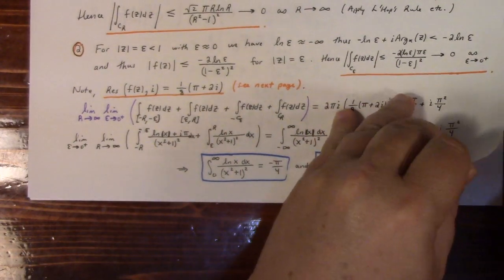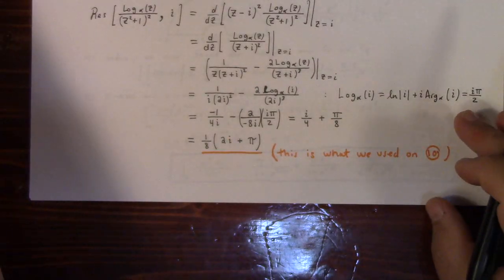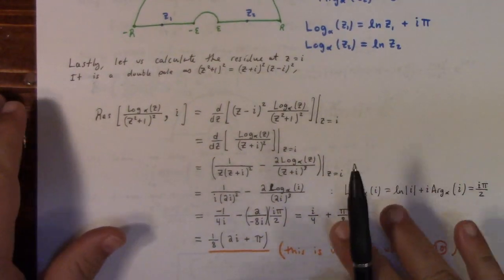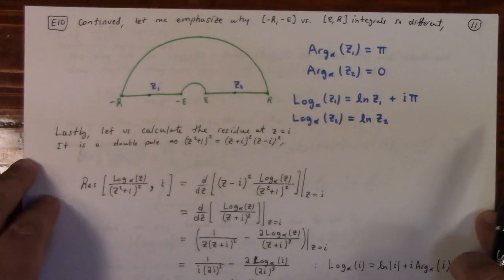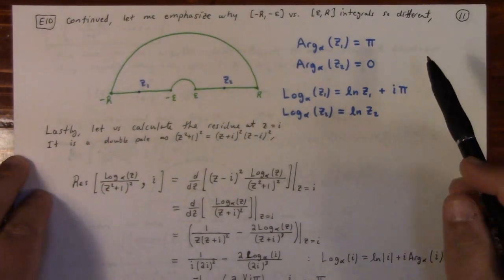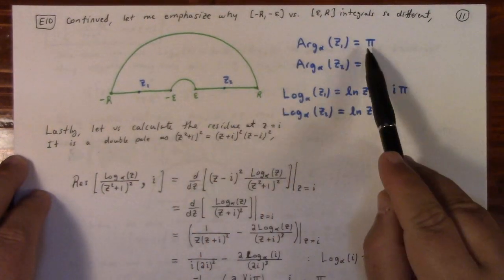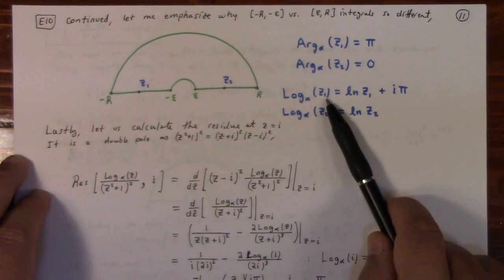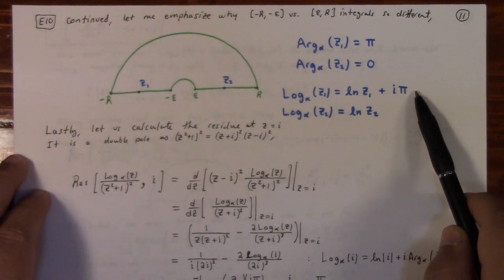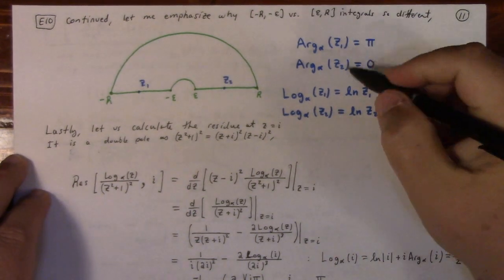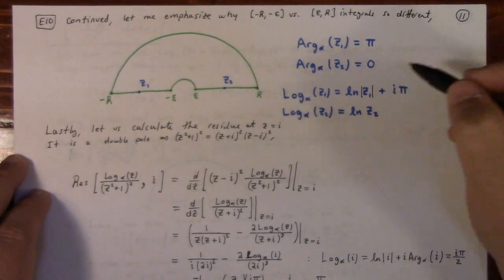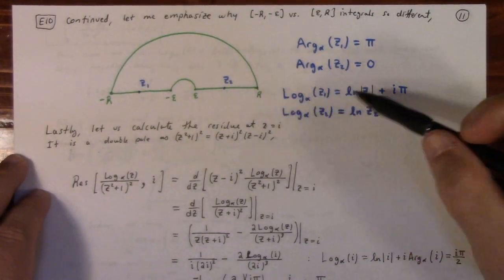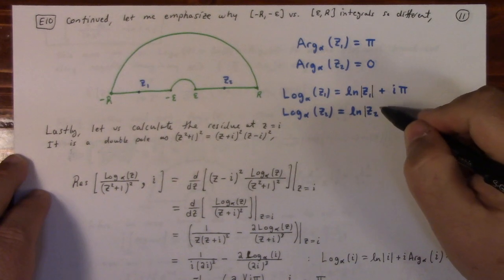Now, some details I relegated to the next page. Just to emphasize why those are different: for arg alpha of z1, we get pi. For arg alpha of z2, we get 0. So log alpha of z1 is the log of the modulus of z1 plus i pi, whereas log alpha of z2 is just the natural log of the modulus of z2.